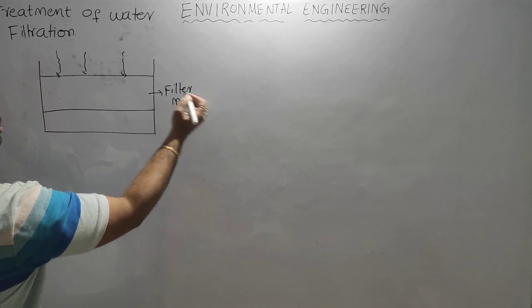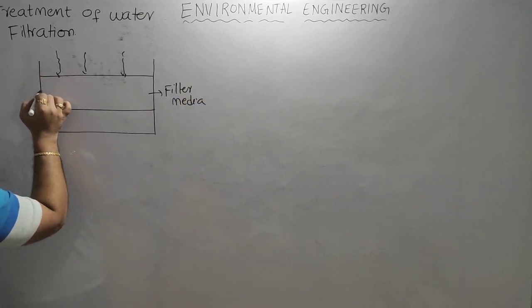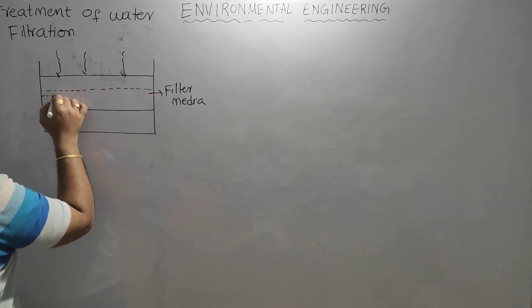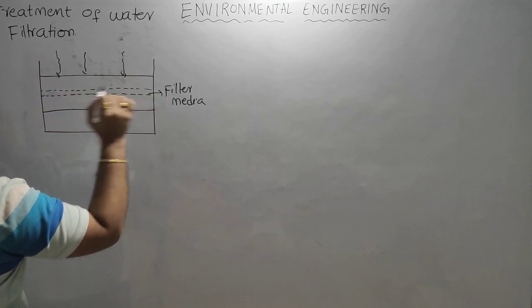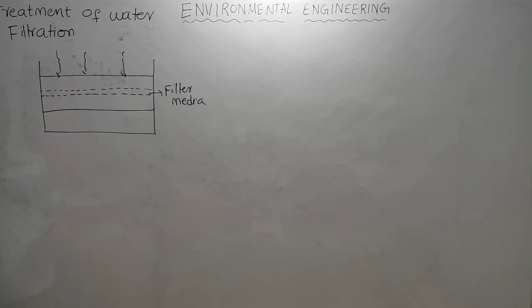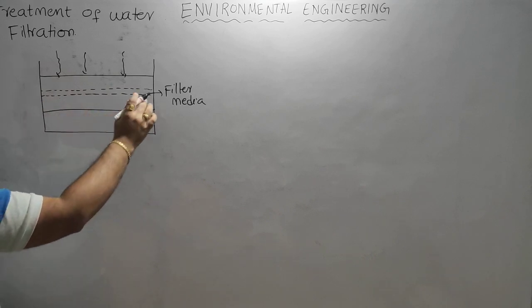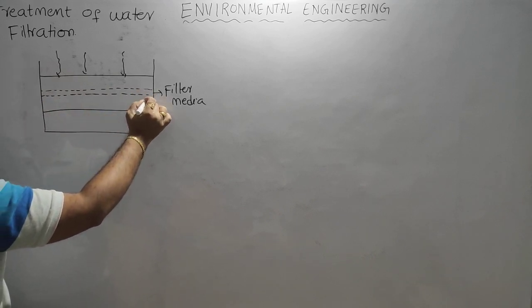Now, when this organic matter is being arrested, then the microorganism will come and start eating this food or organic matter, and it will form a gelatinous layer called dirty skin.